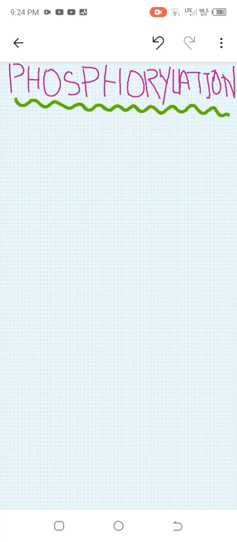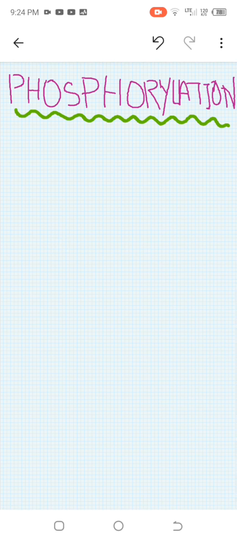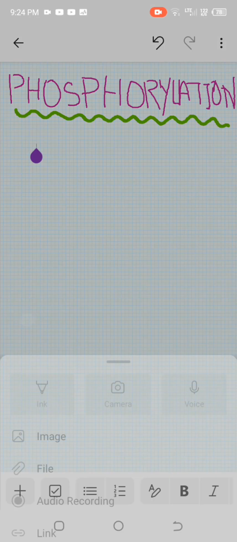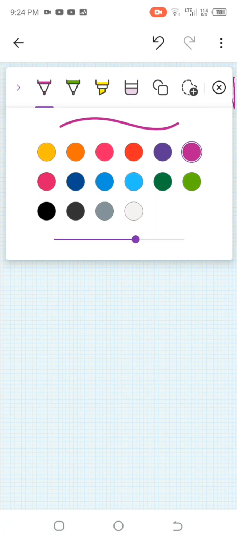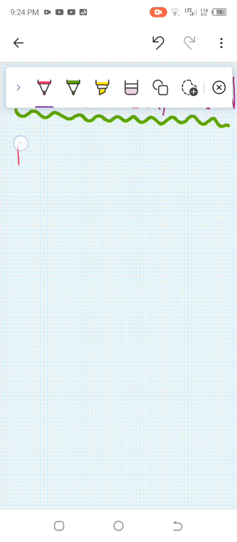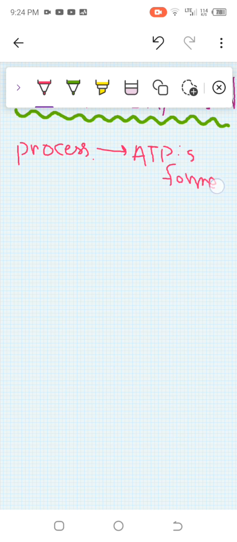Phosphorylation is basically the process in which ATP is formed. Now how is ATP formed?